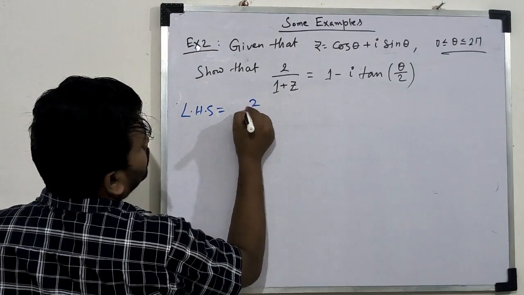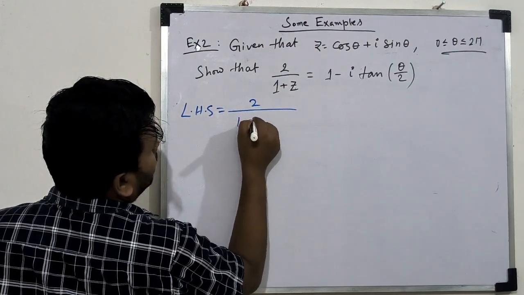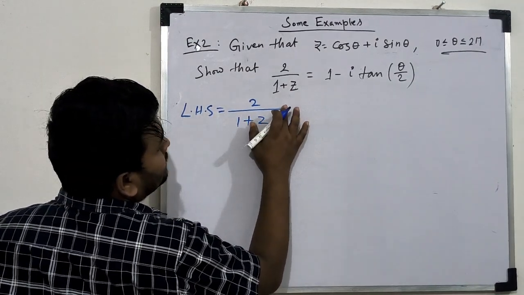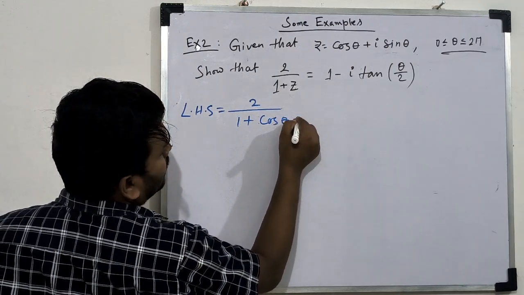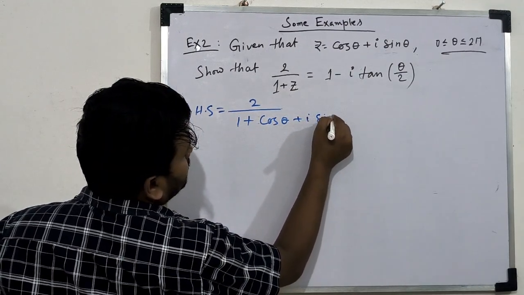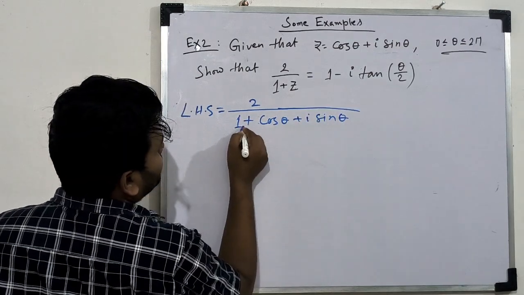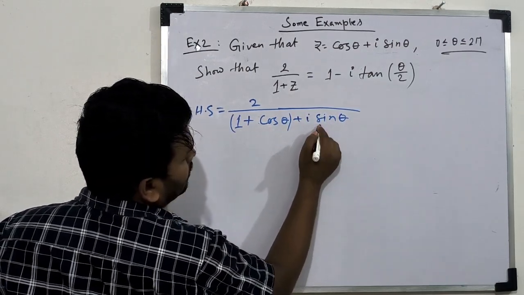So left hand side, 2 divided by 1 + z, and z is given, so we put the value of z, that is cos θ + i sin θ. So now this is the real part and this is the complex part.